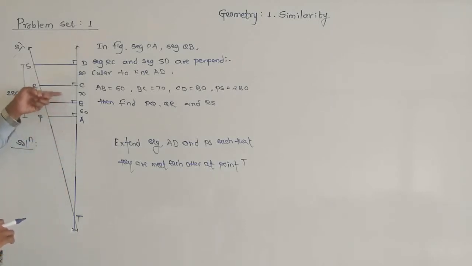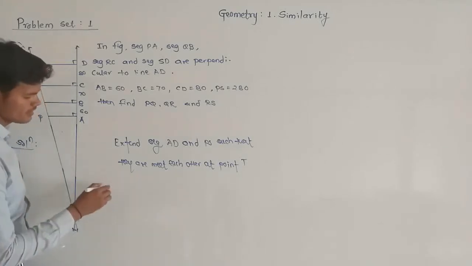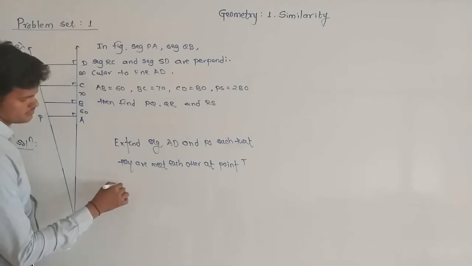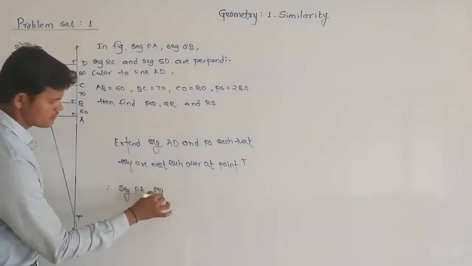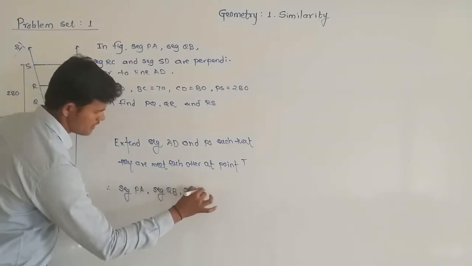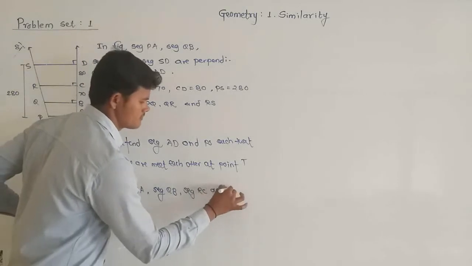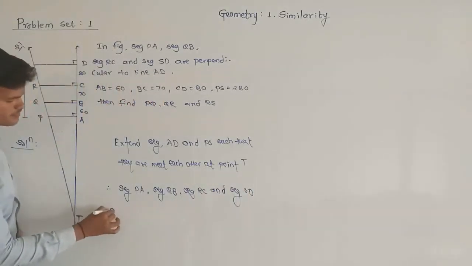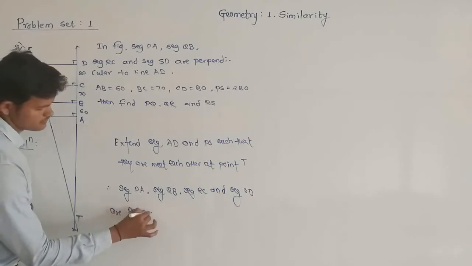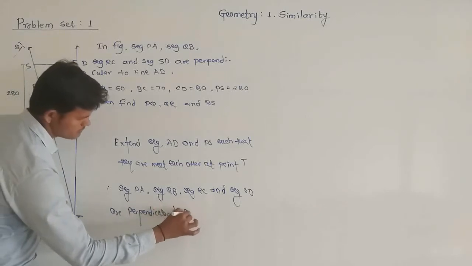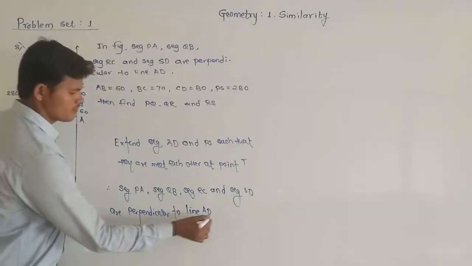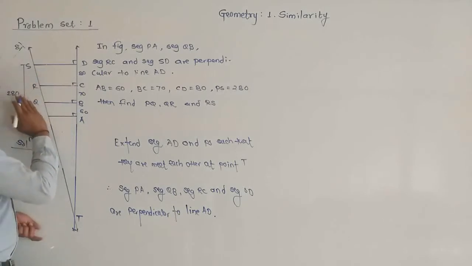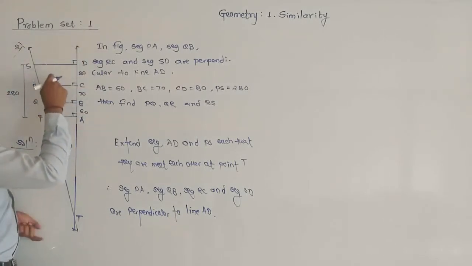If two or more lines are perpendicular to the same line, then all the lines are parallel to each other.